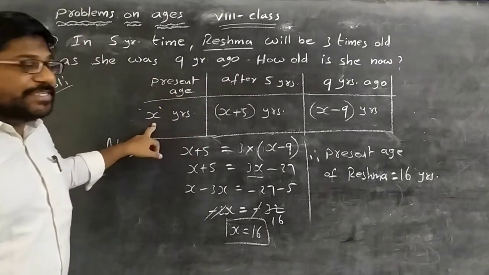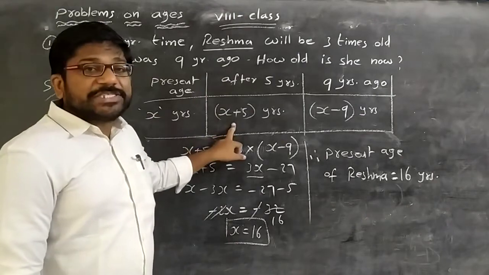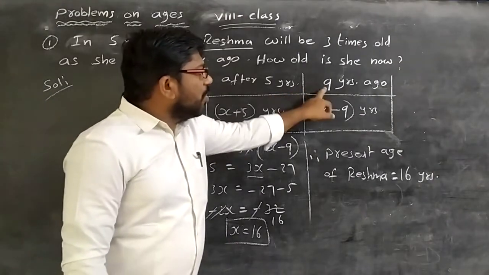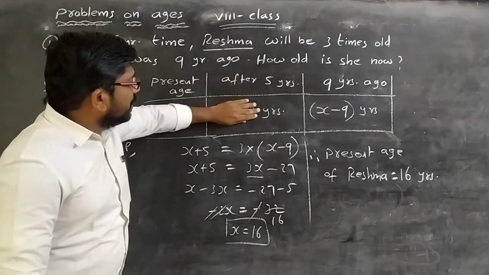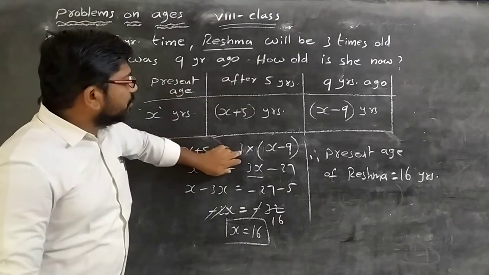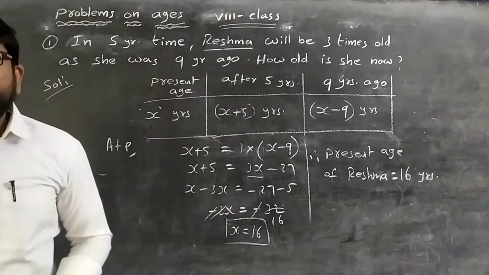The present age is x, after 5 years her age is x plus 5, and 9 years ago her age is x minus 9. So after 5 years, her age will be equal to 3 times her age 9 years ago.